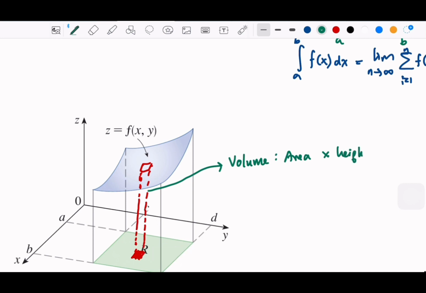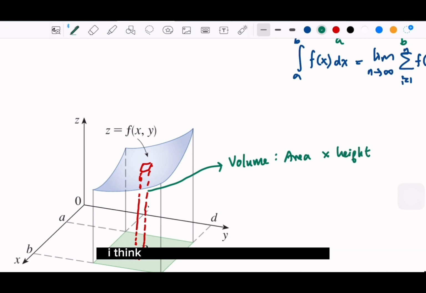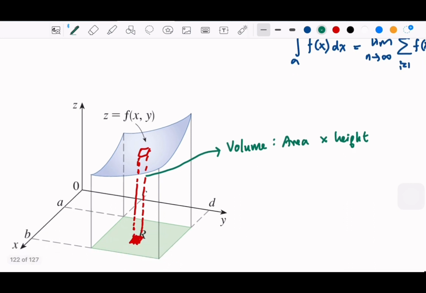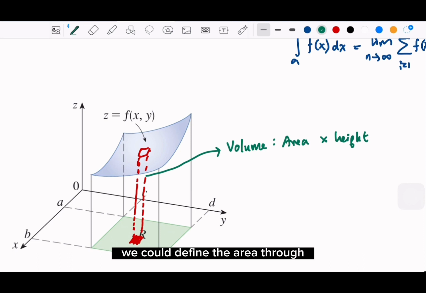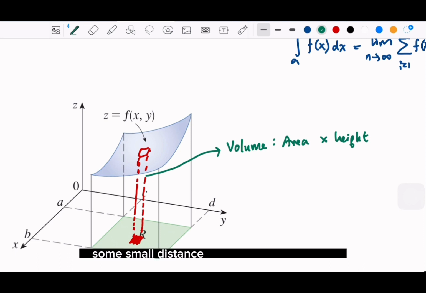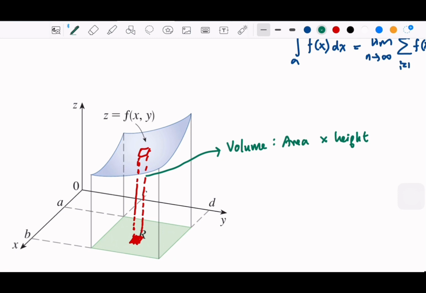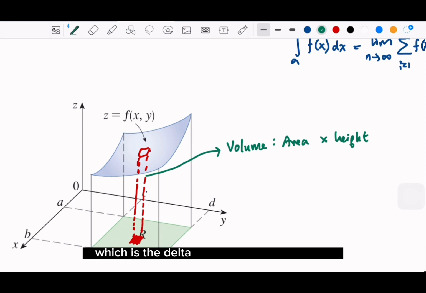Okay, and just to see it in a brief glance, the area, we could define through some small distance here and distance here. Okay, the area is from the x and y, which is the delta, small segment of x and y.